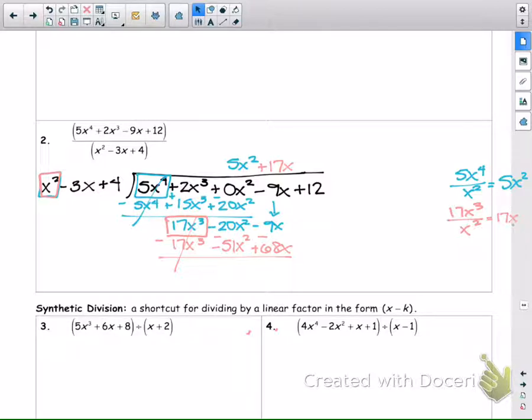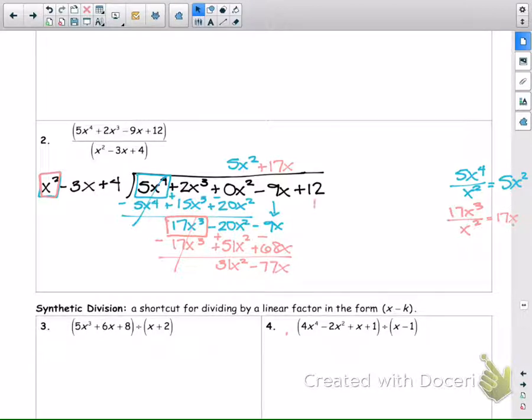Negative 20x squared minus a negative turns into a plus 51x squared. So what am I going to get there? 31x squared. And then negative 9x minus 68x gives me negative, what? 77x.